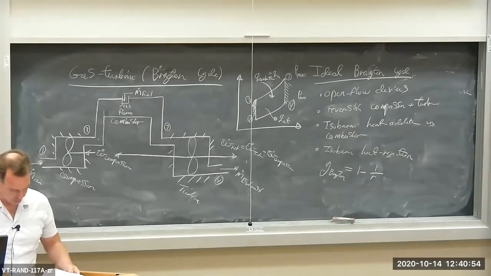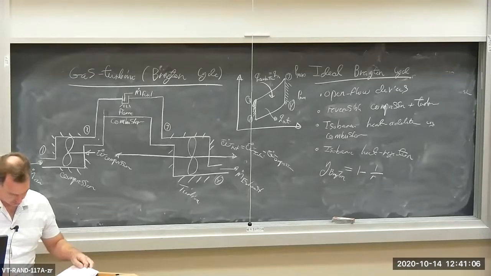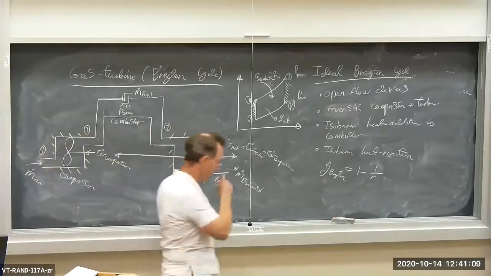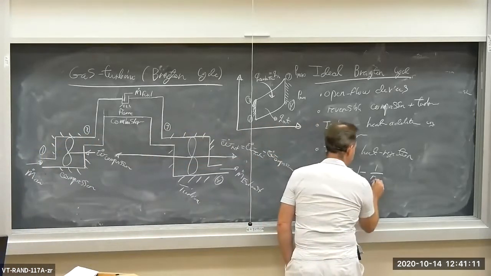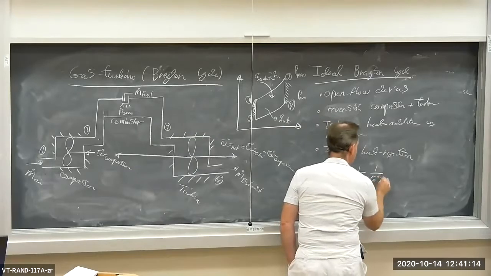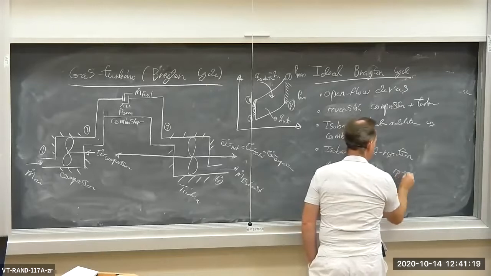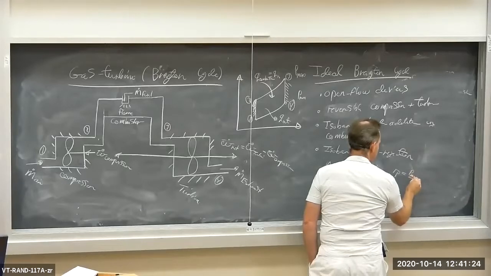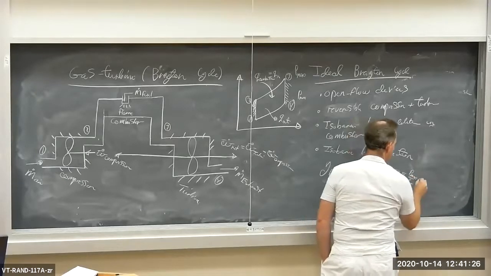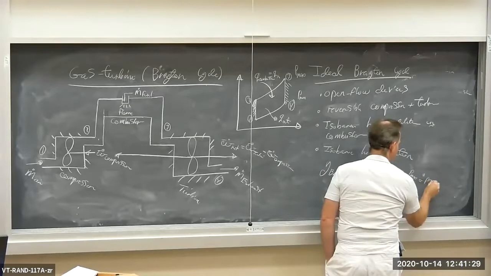Remember, R is a compression ratio in our closed systems, Otto cycle, diesel cycle, whereas R sub P is the pressure ratio. So it's P max over P min. Pressure ratio.